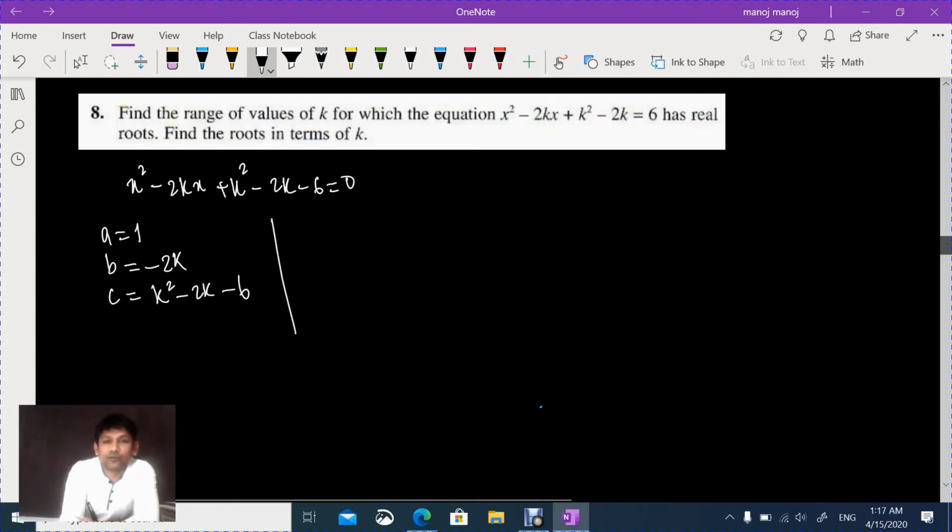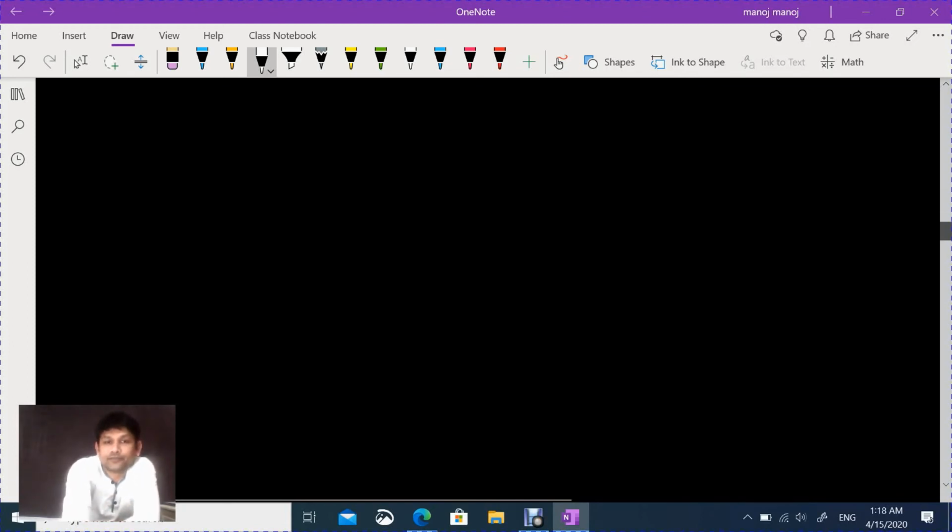Real roots means b square minus 4ac is greater than or equal to 0, and you can simplify by putting in the values. I think you can do it because we have done a number of questions. Find the roots in terms of k means your result will be in terms of k by using the quadratic formula. Okay, next part.